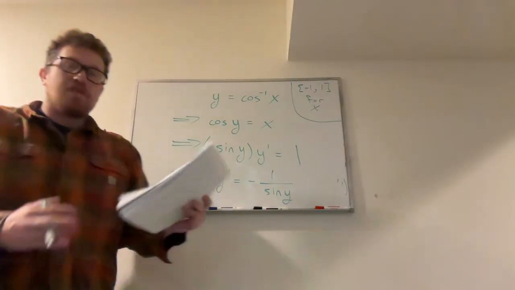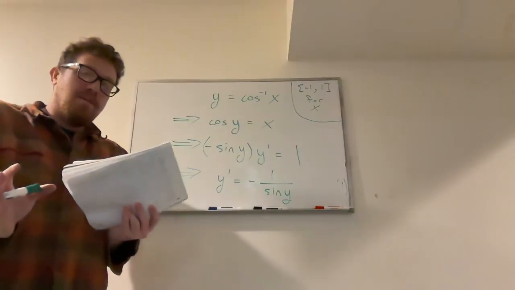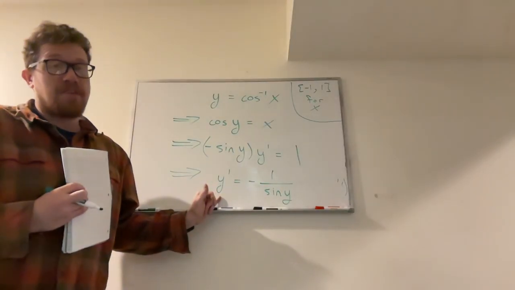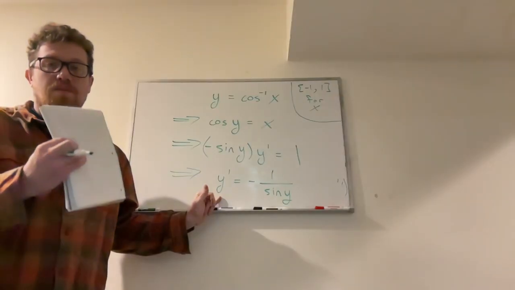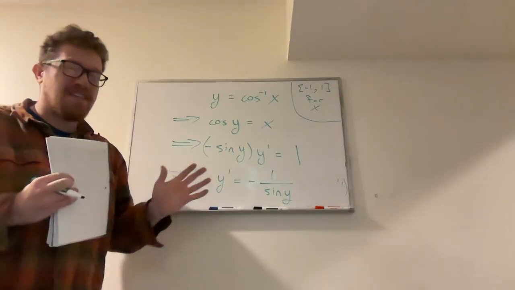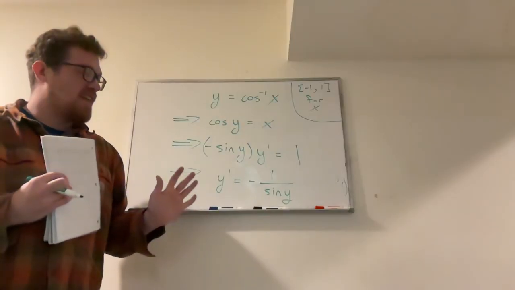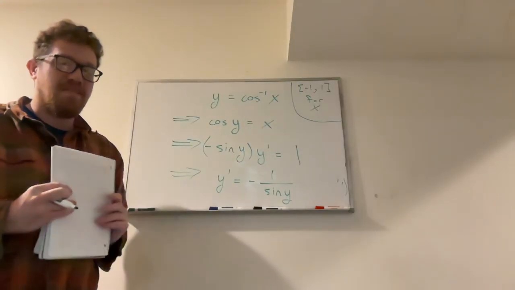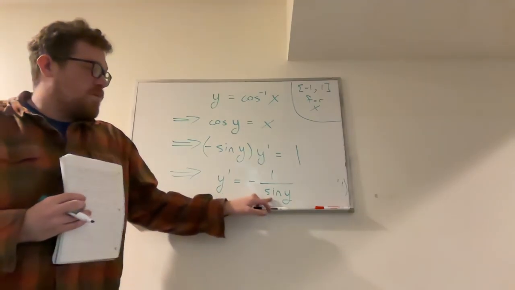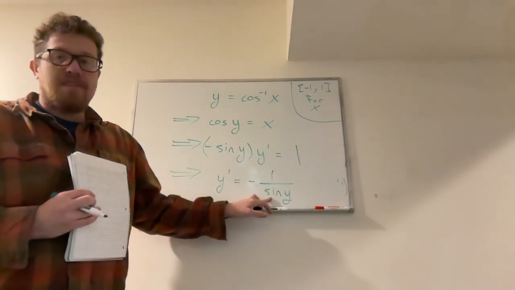And we could sort of stop here, but we do want to get y prime as a function of x. And that's only because we might want to take the derivative again, and it's kind of just easy to have it as an explicit function where we don't have to do anything implicit anymore. So really what we're saying is, what is sine of y as a function of x?